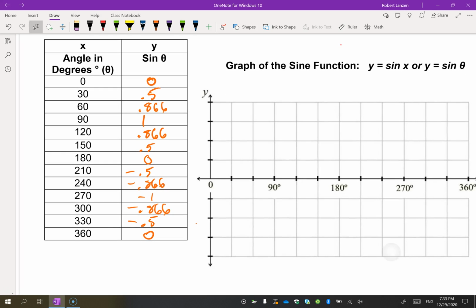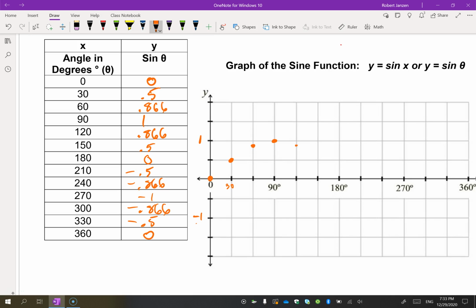Okay, so I'll put 1 here and -1 here, and so at 0 degrees we have sine is 0. At 30 degrees, sine is 0.5. At 60 degrees, it's 0.86, and at 90, it's 1.